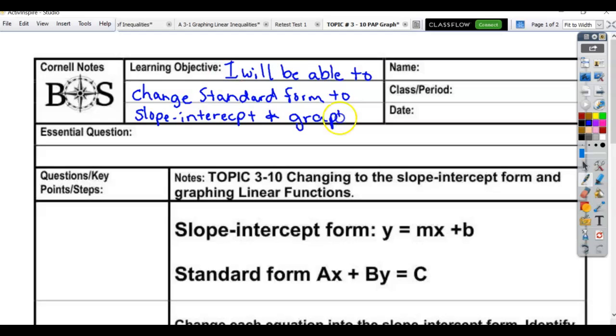Now you already know how to graph, so today your essential question is, how do I change standard form to slope-intercept?